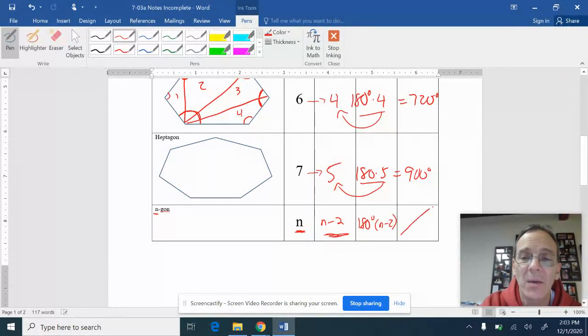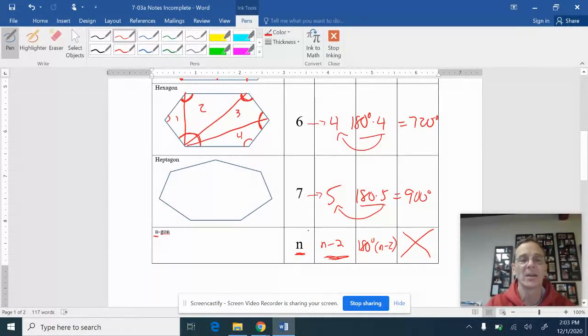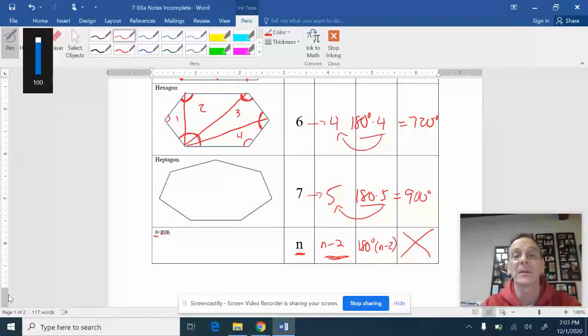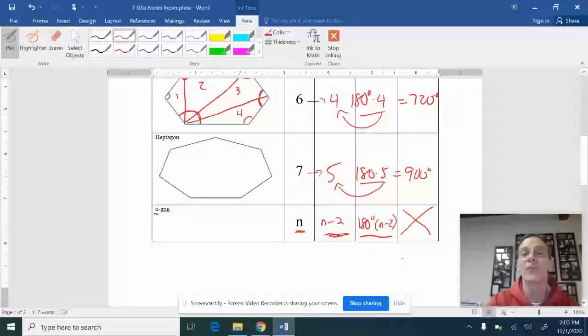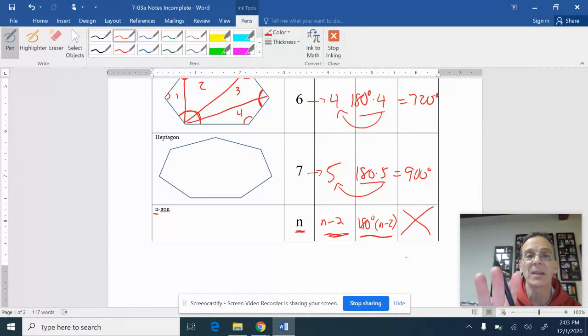And you can't come up with a number for that because we don't have a number for n. Okay, that's it. That is a formula then for the total number of degrees, the sum of all of the angle measures in a polygon with however many sides we want, right?